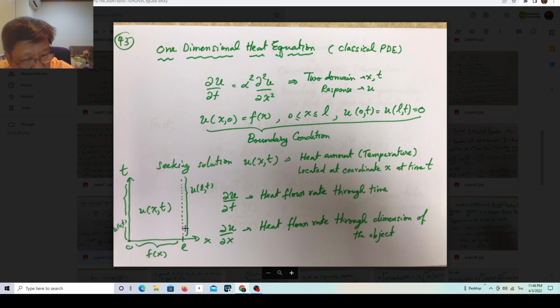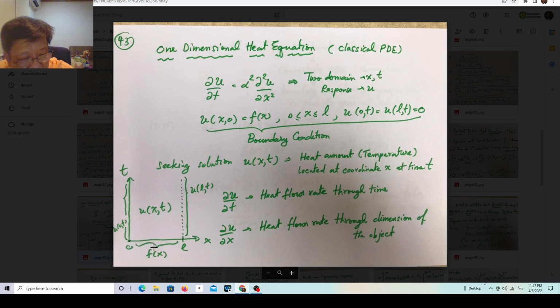It can be a function that relies on the time t, or it can be a constant. You also know that along the x axis, at time 0, you have a function of x.